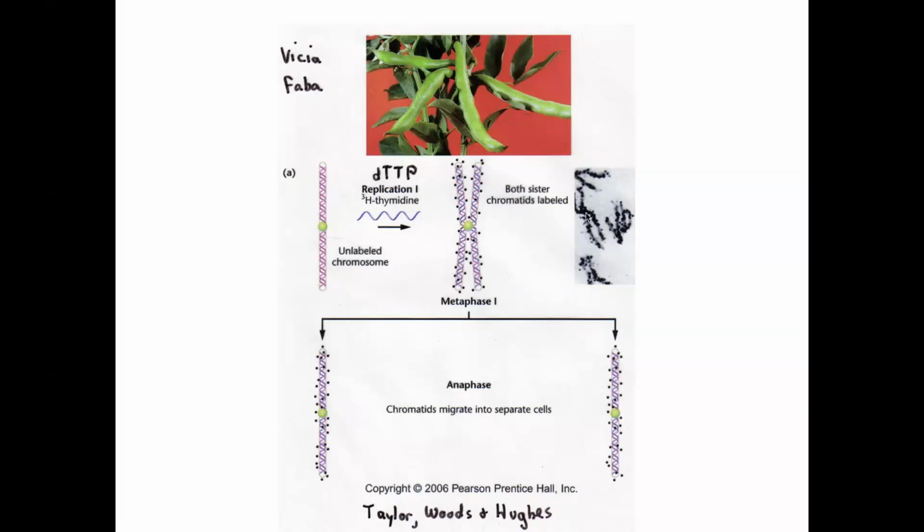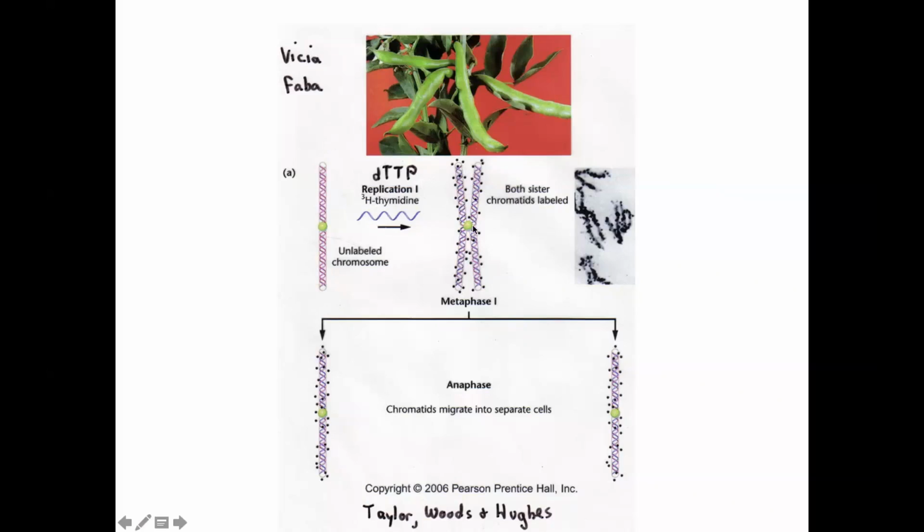Then they would observe the metaphase chromosomes, again consisting of two sister chromatids, and determine the distribution of radioactivity across those sister chromatids. Again, just to follow this diagram here, here's the starting point, fully unlabeled DNA, and one round of replication in the presence of radioactive thymidine.